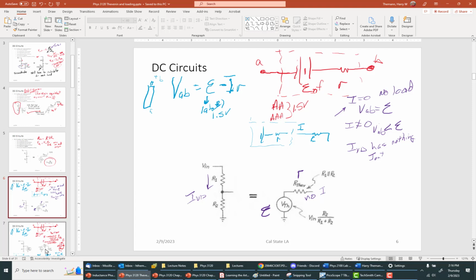And remember, the voltage of a battery has to do with the materials it's made of, the electrodes and the electrolyte inside, and the internal resistance of the battery is determined by the size of the electrodes. So a AAA battery has a much higher internal resistance than a D battery. And the D battery is able to supply more current, right? And we went through that.